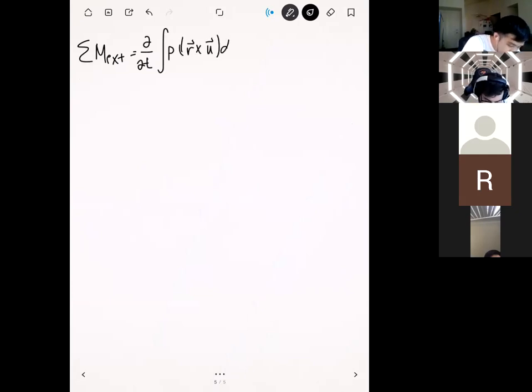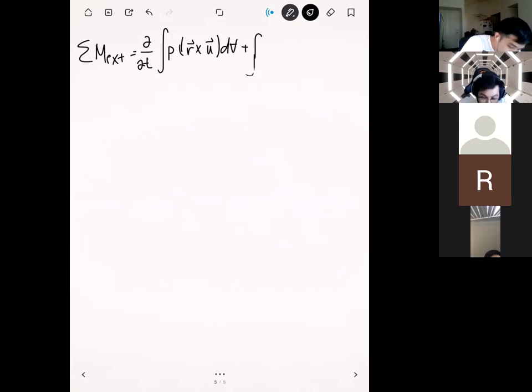All right. So let's go ahead and write out the expressions. We have the sum of the moments, external. Okay. And then we have our accumulation term. So we have partial t, integral of rho, and then we have r cross u dV, okay, plus our inlet outlet term.